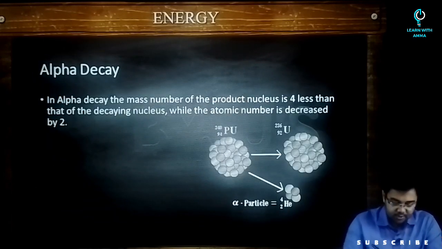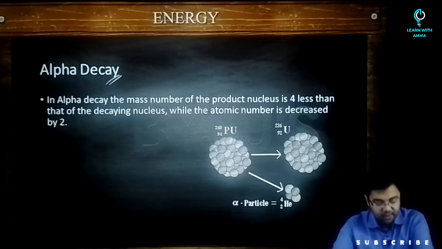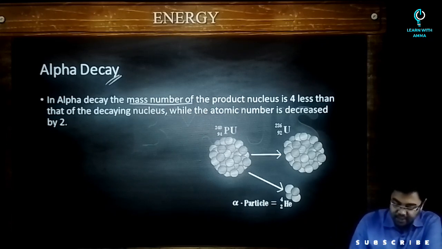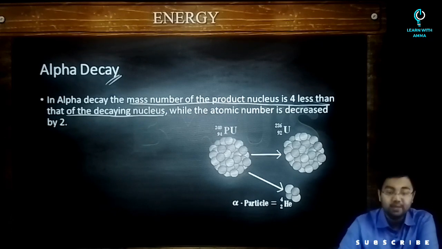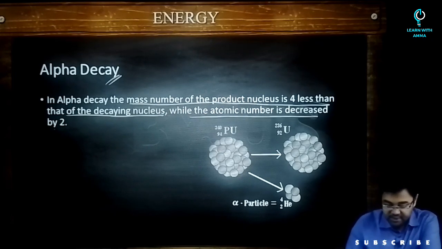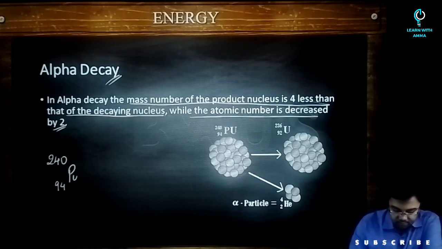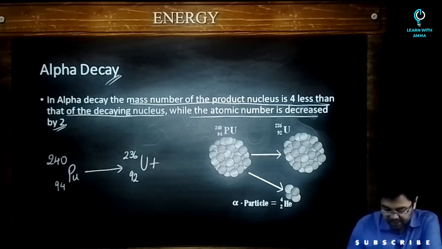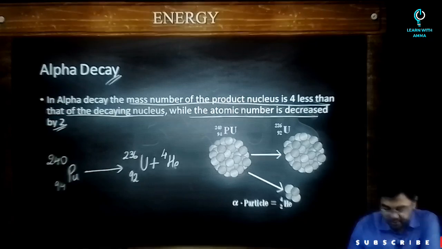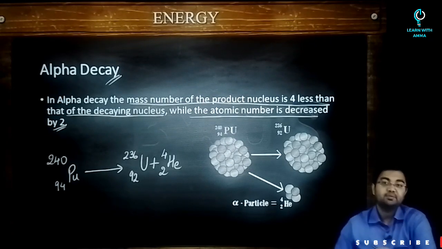Now when it comes to the first one, alpha decay, what happens in an alpha decay is that the mass number of the product nucleus is 4 less than that of the decaying nucleus, while the atomic number is decreased by 2. If you look at this diagram, you have plutonium which is getting converted into uranium, and there is a release of a helium nucleus.